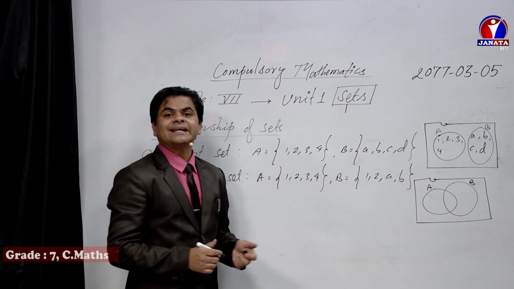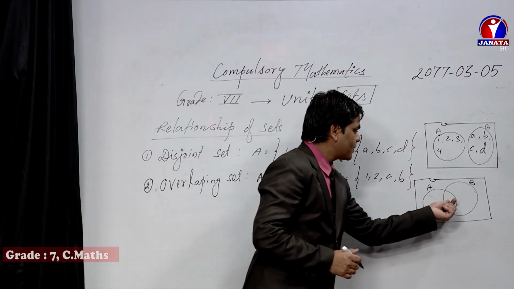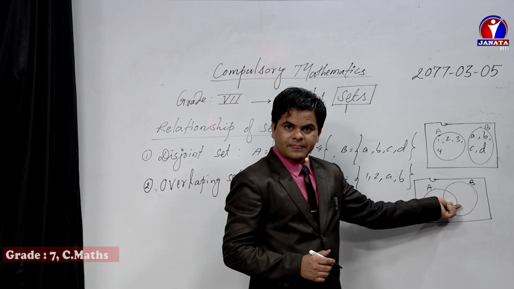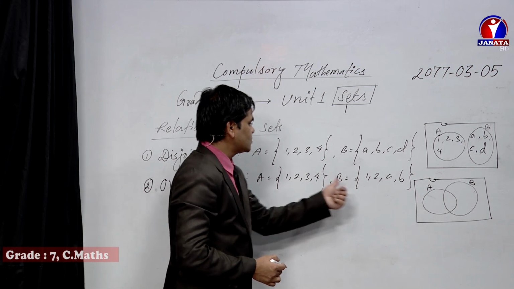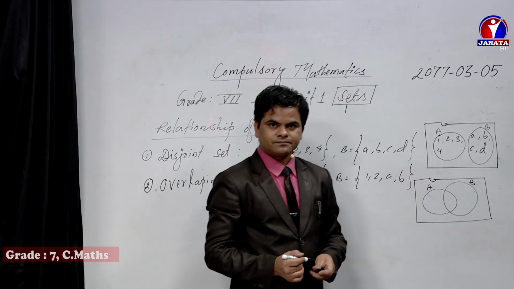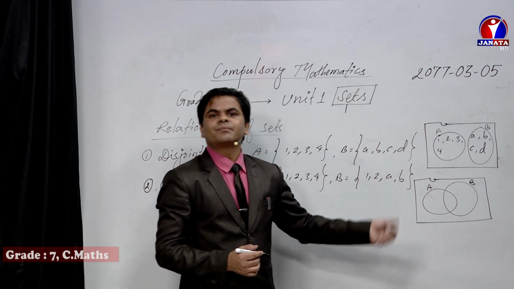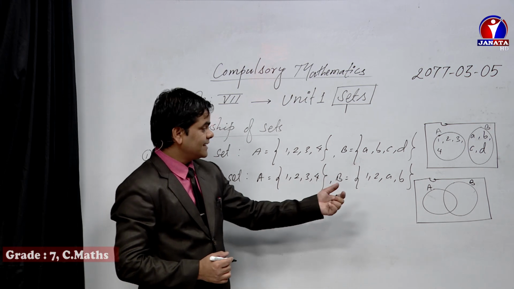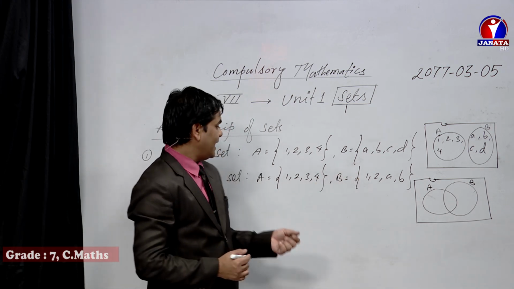If the question is related to 3 sets, at that time you need to prepare another circle as well. Here you can keep another circle. If there are only 2 sets, that's why I have made only 2 sets. But whenever necessary, we need to prepare the 3rd set circle as well, so that we can keep those elements.